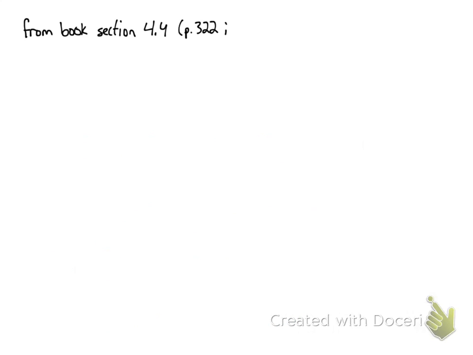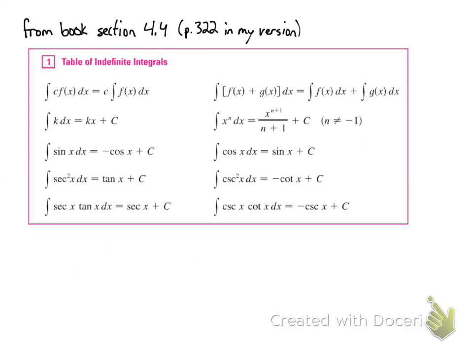If you look in section 4.4 of the book, there's this nice table of all the rules we know so far about antiderivatives. Now we call them indefinite integrals. So the top two are telling you that you can pull a constant out of the indefinite integral and you can split up an indefinite integral with addition. We already knew that for antiderivatives, but now it's written as rules for indefinite integrals.